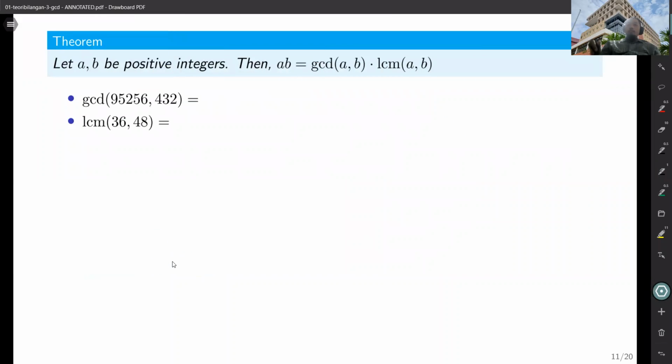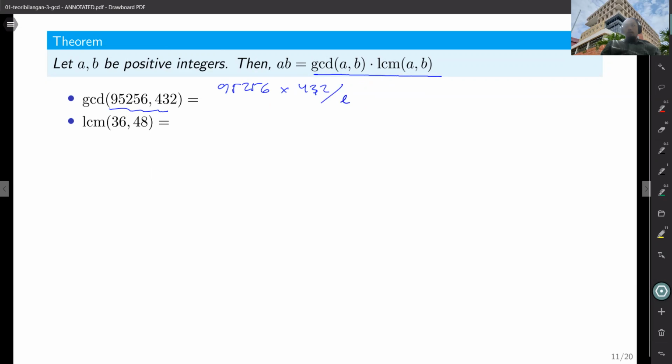Yeah, then this. So that means the GCD of these two numbers is the same as the product of these two numbers divided by the LCM.